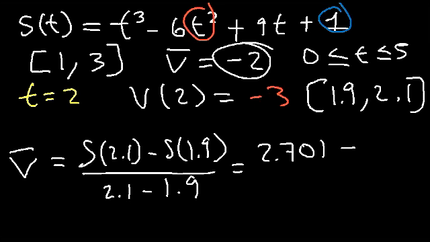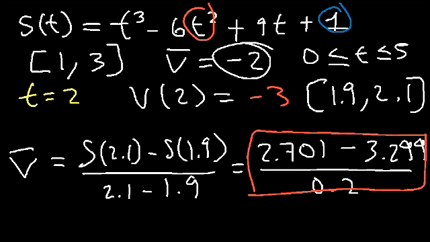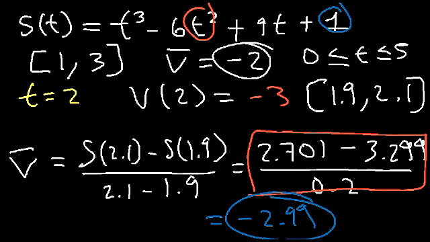At least that's what I got. And if you plug in 1.9 into s of t, you should get 3.299, divided by 2.1 minus 1.9, which is 0.2. And if you type this in your calculator, you'll see that the average velocity is negative 2.99. Notice that the average velocity is a good approximation of the instantaneous velocity. So make sure you're familiar with this, because you might need to use that technique for data tables.